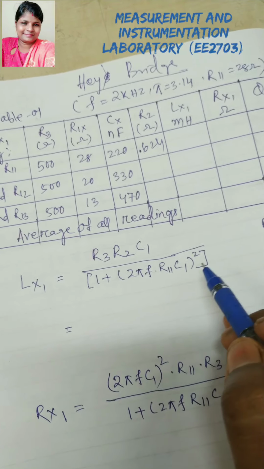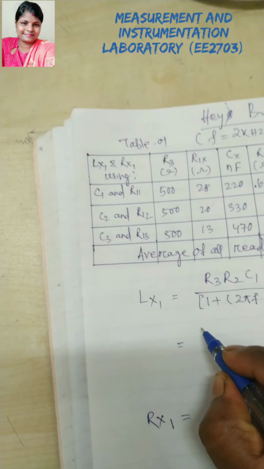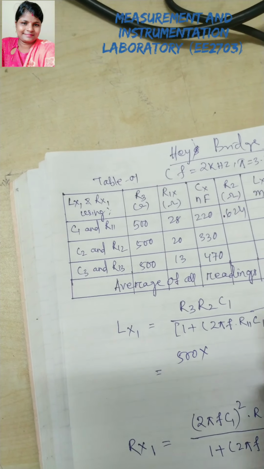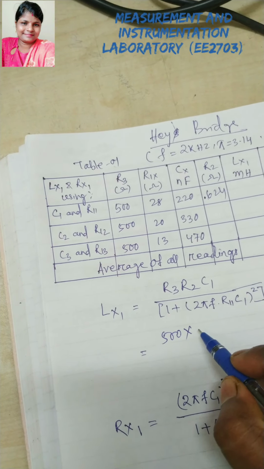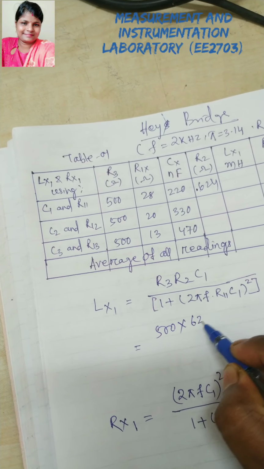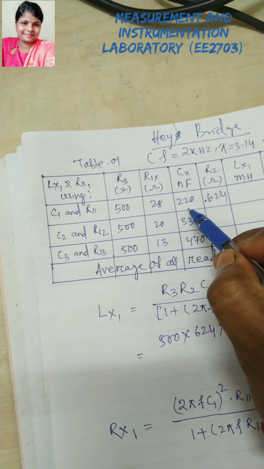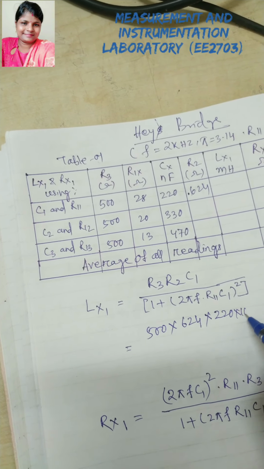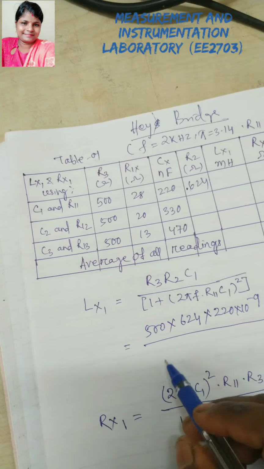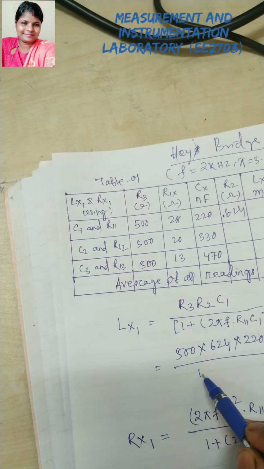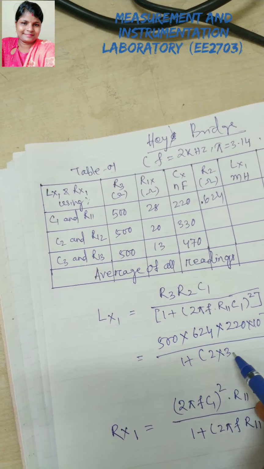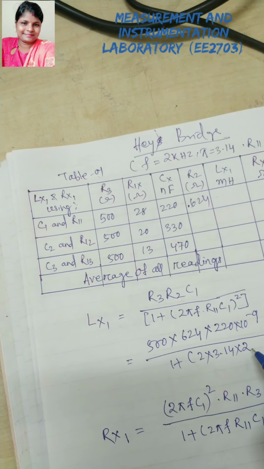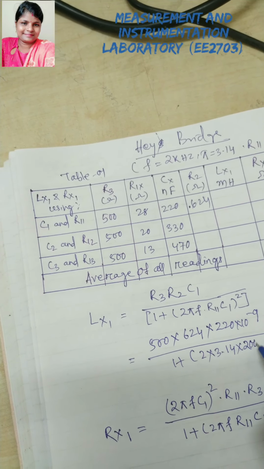Calculate the value of LX1 by using this formula: R3 R2 C1 divided by 1 plus (2 pi f R1 C1) squared. Here R3 is 500 ohm given, R2 is 0.624 kilo ohm, that is 624 ohm, and C1 is 220 nanofarad. F is 2 kilohertz, set before, so 2000.